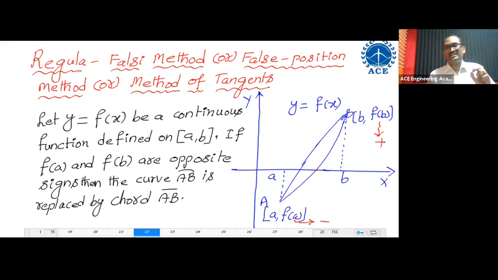Now you need to write the equation of the straight line AB. What is the equation of the straight line passing through x1, y1 and x2, y2? This is x1, y1. This is x2, y2. Equation of the straight line AB.